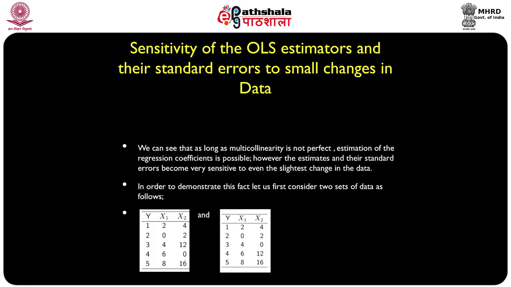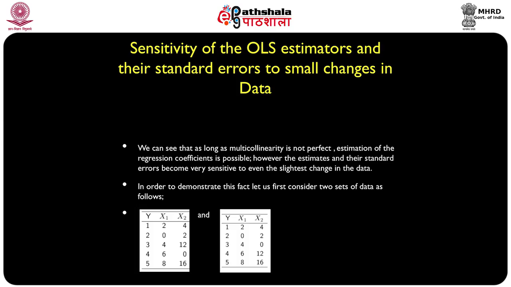Hence, it does not indicate the presence of multicollinearity unless we look deeper. However, the estimates and their standard errors become very sensitive to even the slightest change in the dataset, which again is evidence of multicollinearity. In order to demonstrate this fact, let us first consider two sets of data as follows.